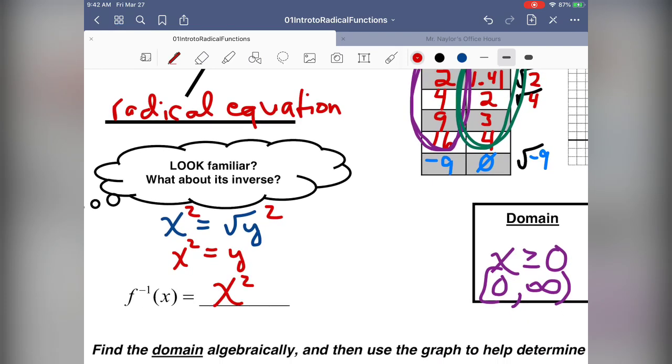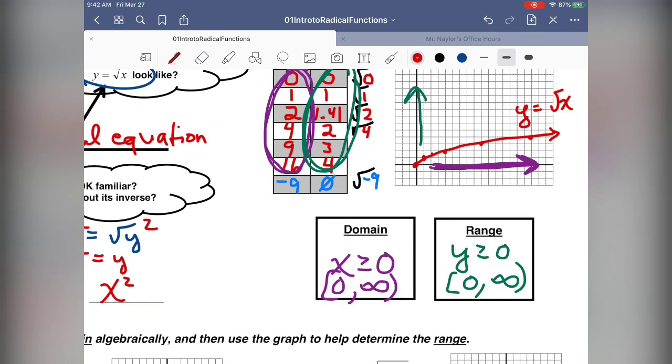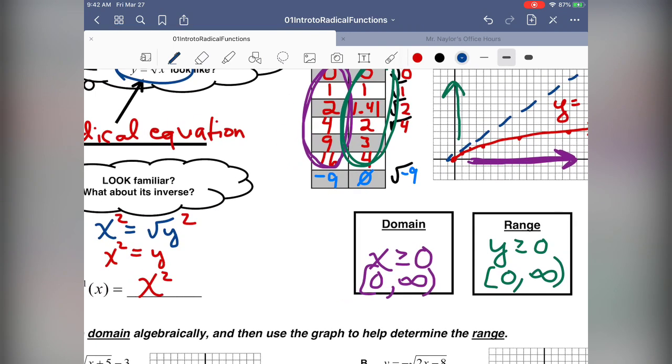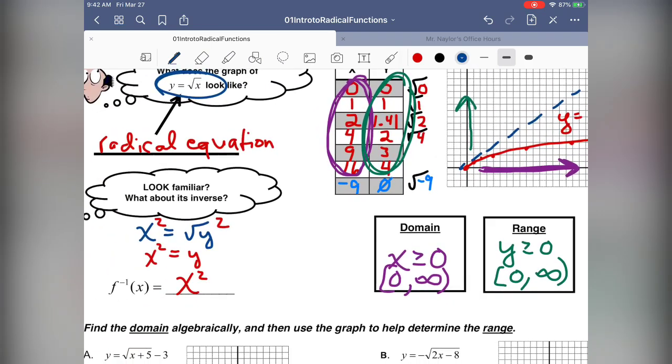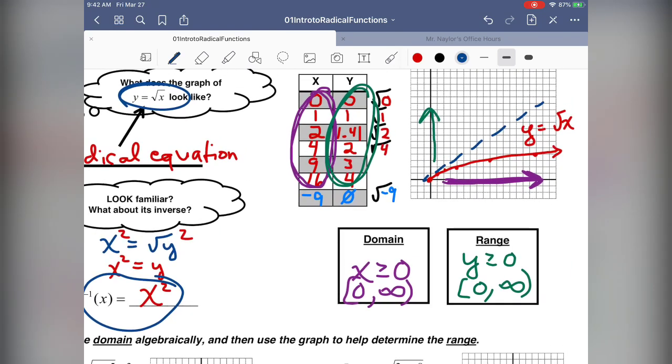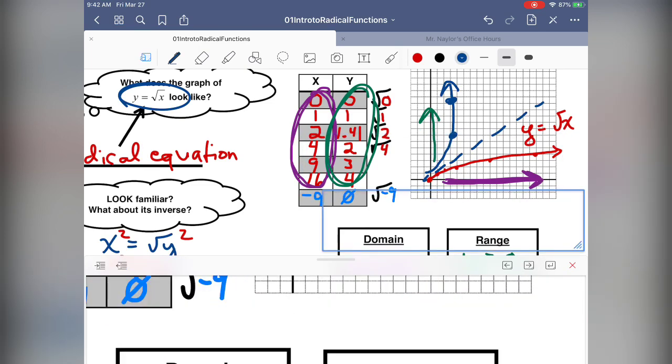Now, the thing about this inverse is that it has to have symmetry, as all inverses do. It has to have symmetry with this diagonal line y equals x. So when you think about graphing something like y equals x squared, when you think about graphing the inverse, you're actually only able to graph half of your parabola. And when you graph half of your parabola, you end up switching all the points that we plotted before, and we end up with the inverse.